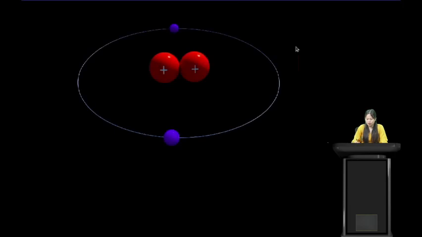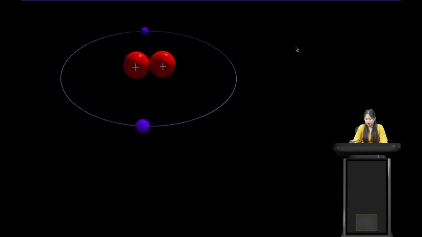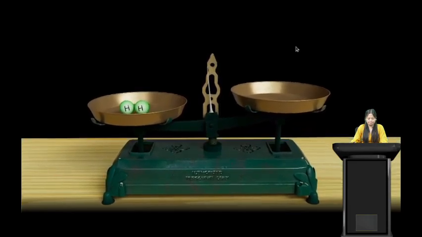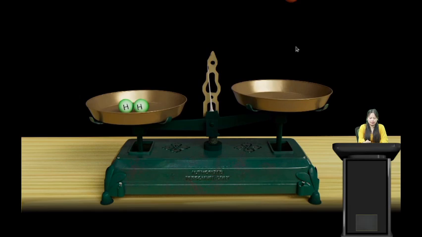In helium atoms we have two protons. This is the structure of the helium atom, and we see that there are two protons in the nucleus. So let us take two hydrogen atoms.